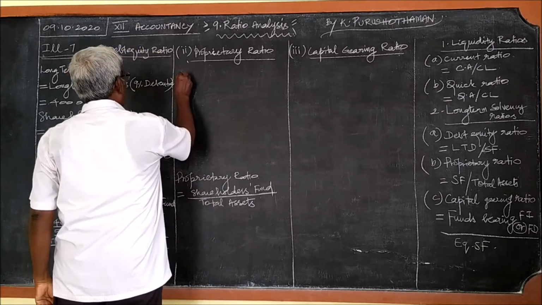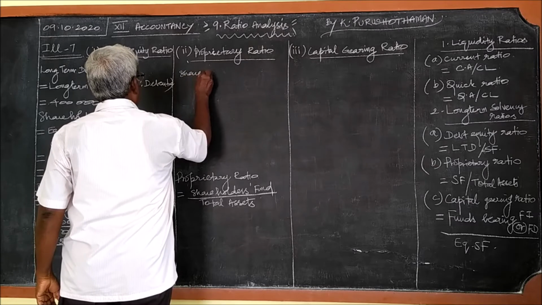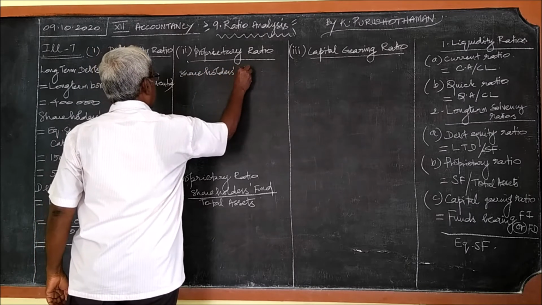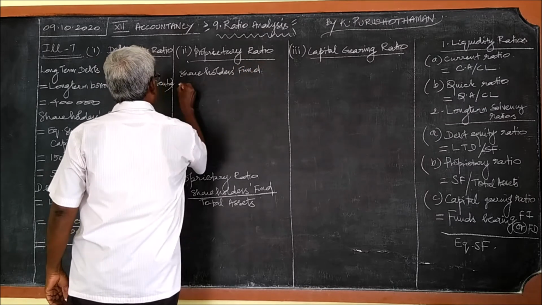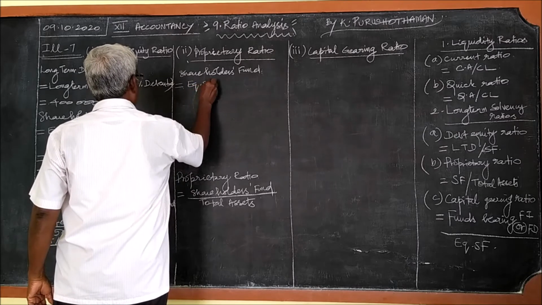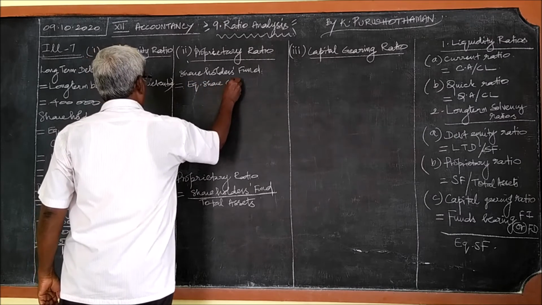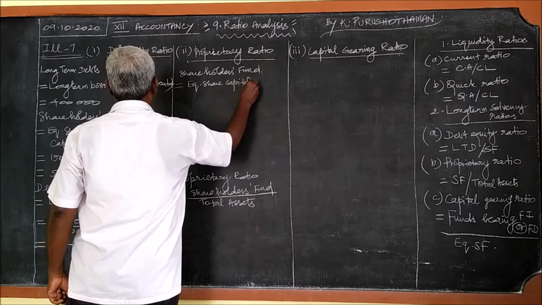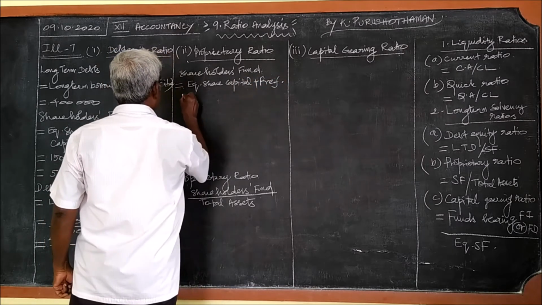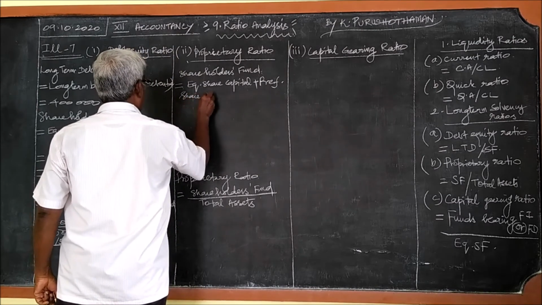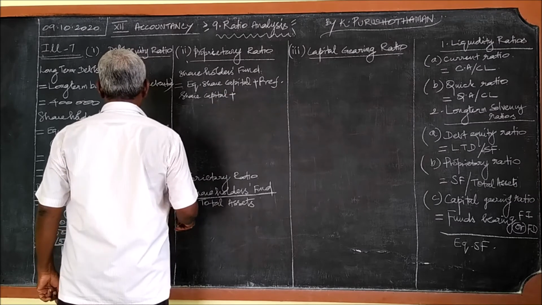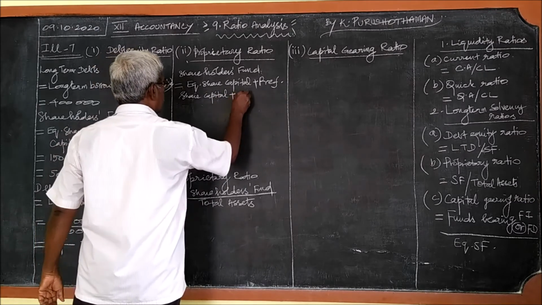So what will you have to do? Shareholders fund is equal to equity share capital plus preference share capital plus reserves and surplus.